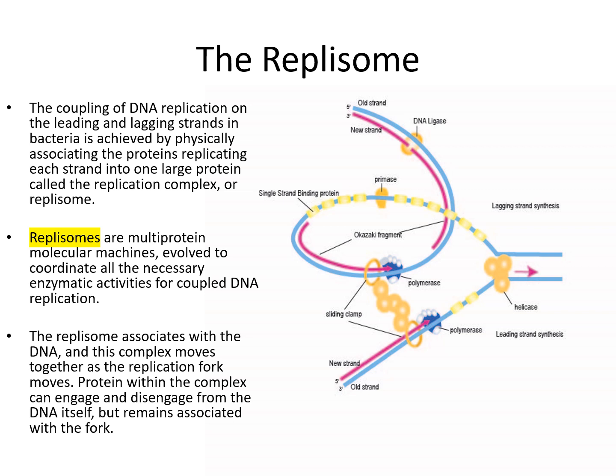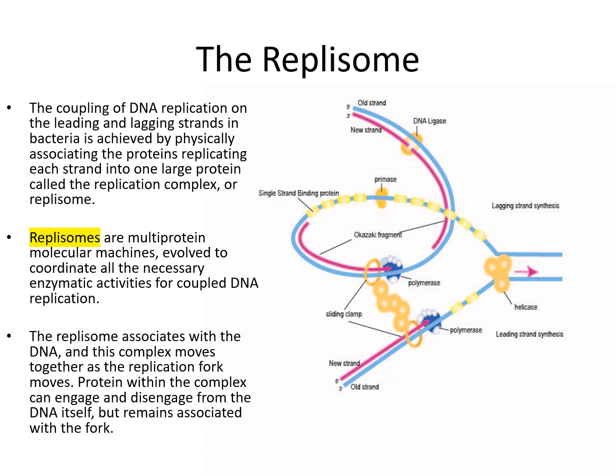Here is a schematic diagram to show you that the coupling of DNA replication on the leading strand and lagging strand in bacteria is achieved by physical association, physically associating the proteins replicating each strand into one large protein complex.